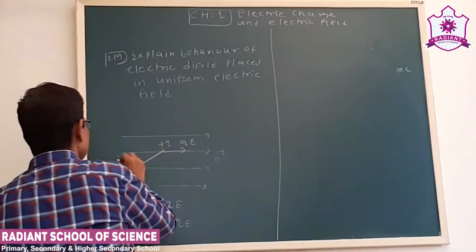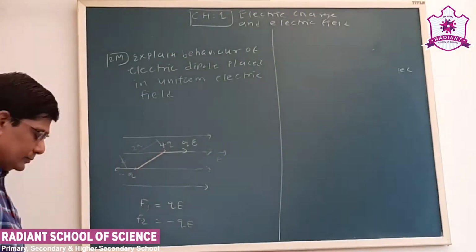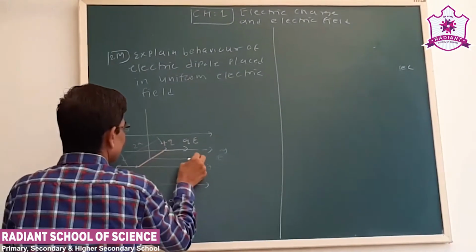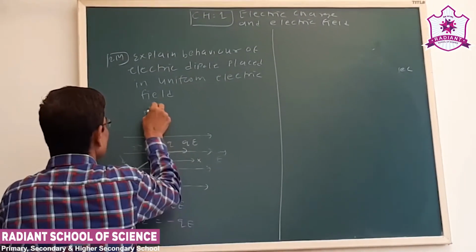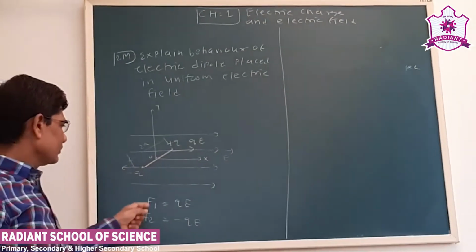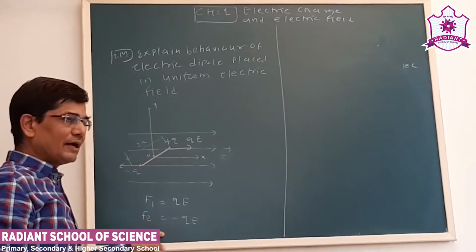We know 2A is the distance between the charges of the dipole. Now we assume the dipole is placed in such a way that the origin of the dipole is at the midpoint. Now these two are equal forces in opposite direction.